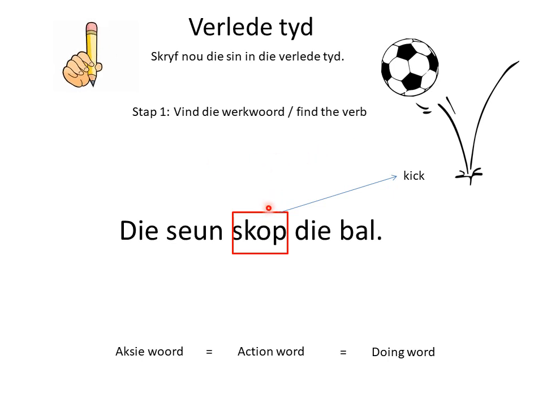If you cannot find the verb or you find the wrong word, you already have a problem with the rest of the exercise because everything starts with stap 1. Here we have identified the verb. Die werkwoord is skop. It means kick. Die seun skop die bal. I found it, and what do I do? I circle it. Step 1. Let's move to step 2.